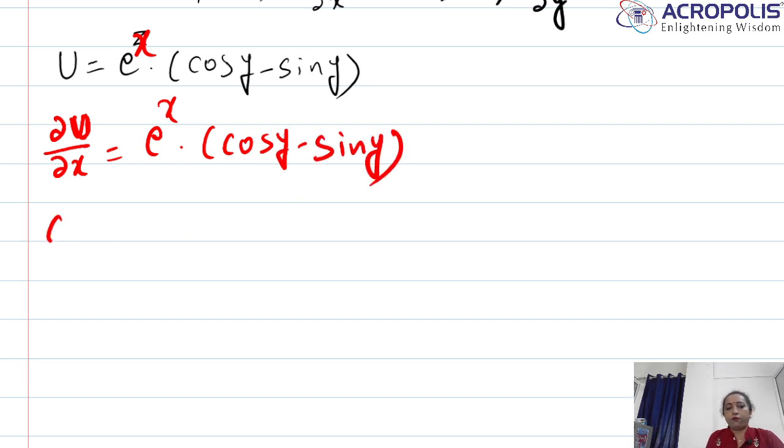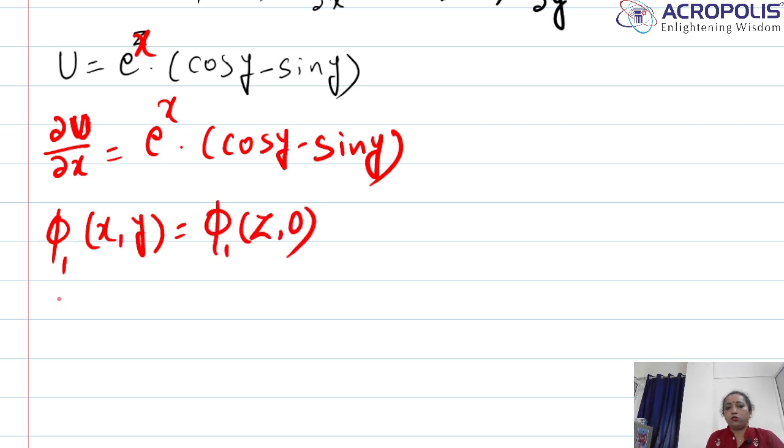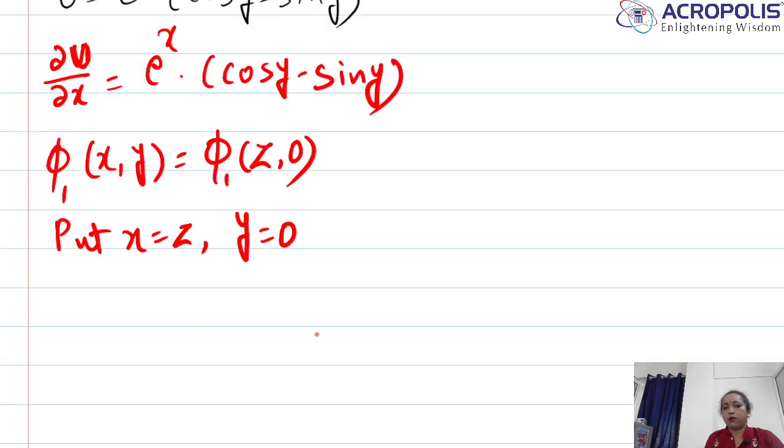And if we calculate phi 1 of x, y, which is equal to phi 1 of z, 0, I am putting x equal to z and y equal to 0. So phi 1 of z, 0 is equal to e to the power z only, because cos 0 is 1 and sin 0 will become 0. So here is phi 1.